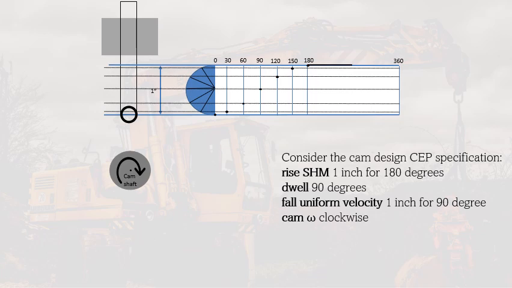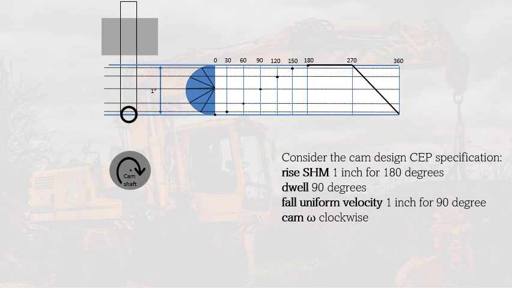For the second part, we are going to have a dwell of 90 degrees. That means that after 180, by adding 90 to that, it will have the same position. It will stay at that position, meaning it will be at the 1 inch position from 180 to 270, because that's 180 plus 90. So there's a dwell from 180 to 270 on the second part of this CEP specification.